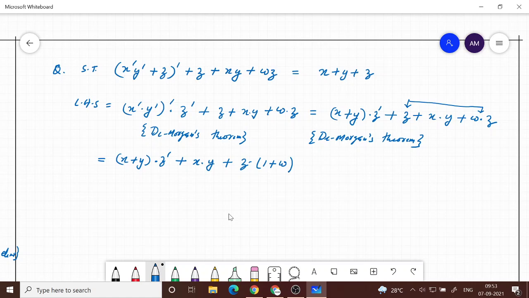So here I am using commutative to interchange the term and then distribute. So 1 plus x is basically 1, and z dot 1 is z. So let me just expand this also.